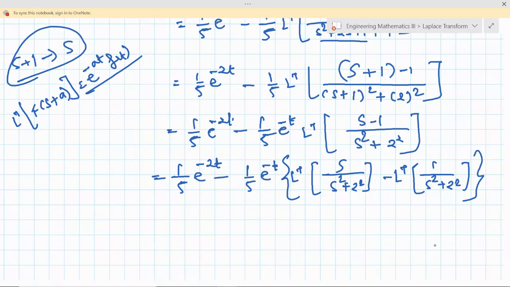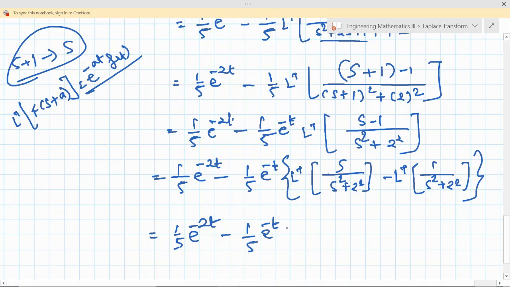So this is simply cos 2t, and this is nothing but 1 by 2 into sine of 2t. That's it, this is my answer.